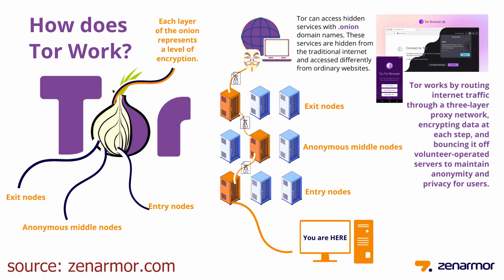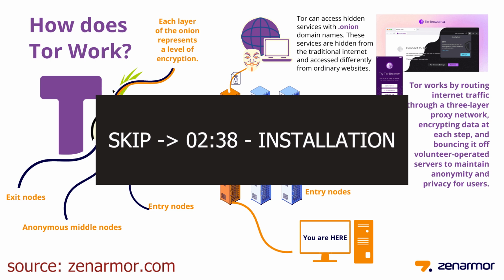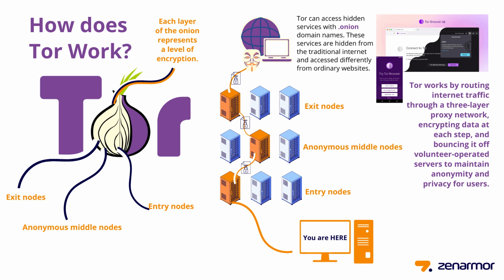For those who are new to Tor and the dark web concept, I'm going to explain what Tor is and how it works. If you're familiar with those concepts, you can skip to the next part where we are setting up the environment. Tor is short for The Onion Router, and it's free and open source software that lets you browse the internet anonymously.